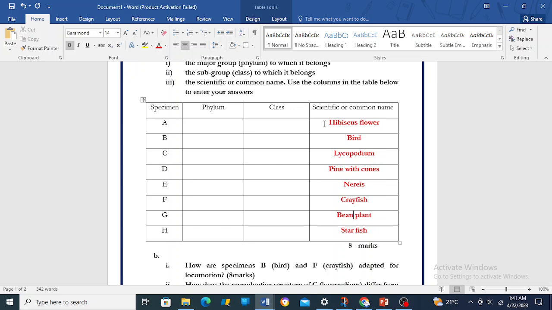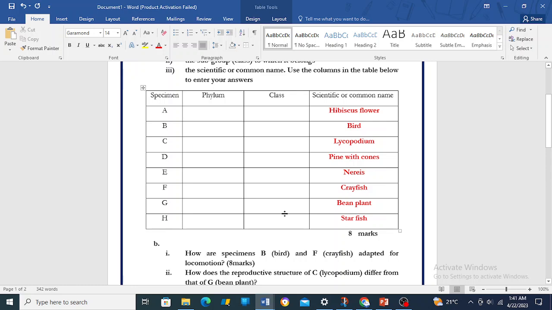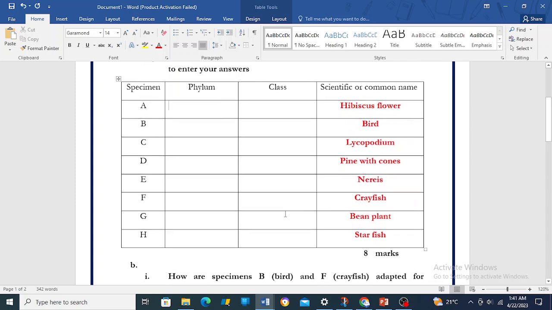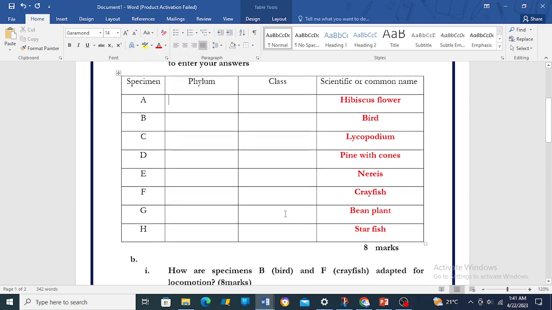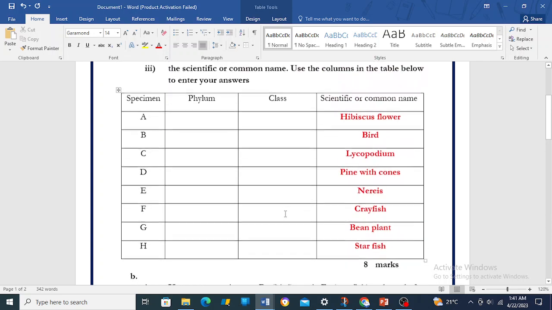So you can just use these specimens here, and then fill the remaining part, that is the phylum and the scientific name for every specimen. You can just take a screenshot of it, okay? Let me enlarge it so you can answer it in your free time. I believe you have taken a screenshot of it already.